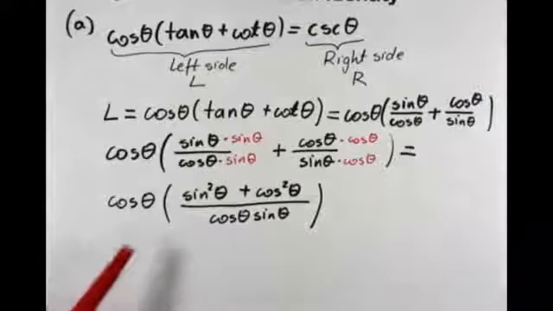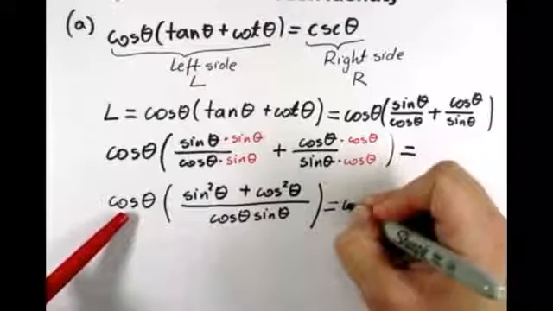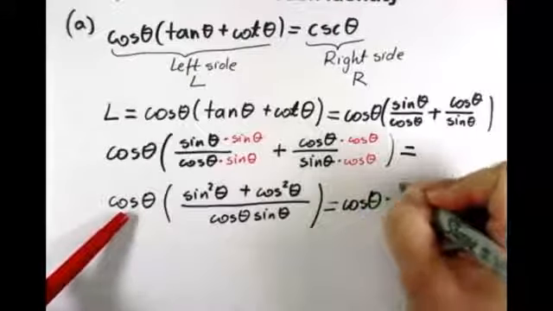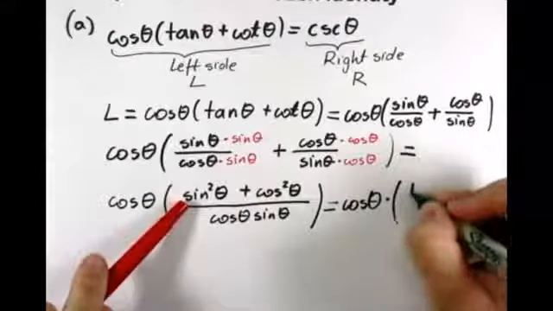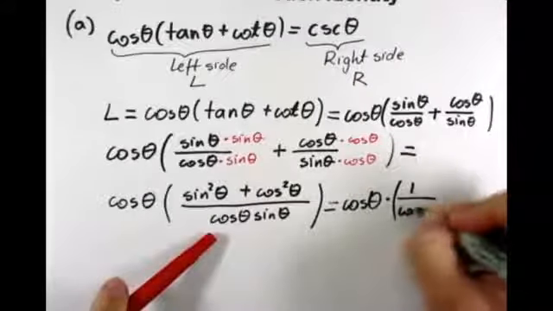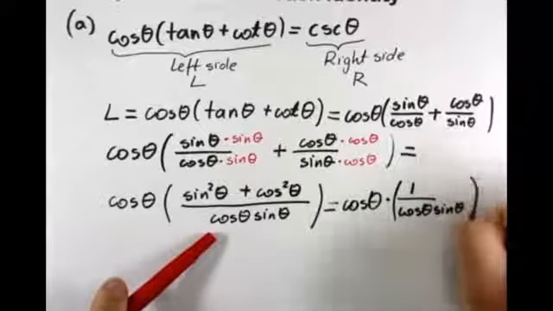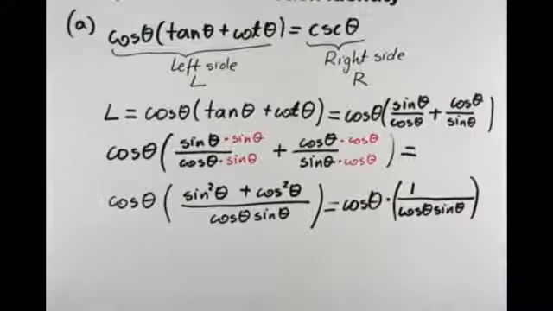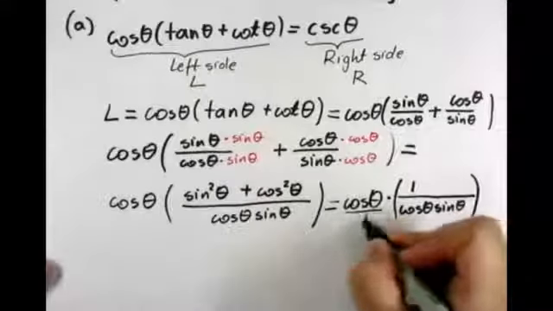So what we have, cos theta times this, cos squared plus sine squared gives me 1, over cos theta times sine theta. Okay, now we don't need the bracket, and this one is like over 1.